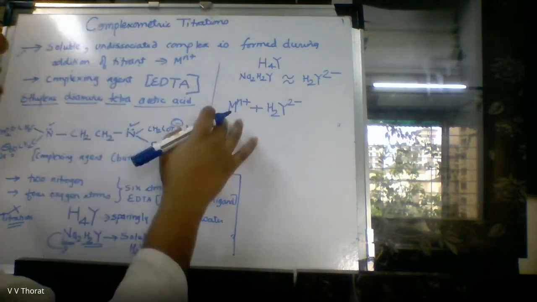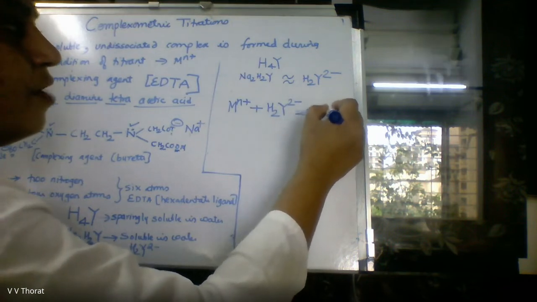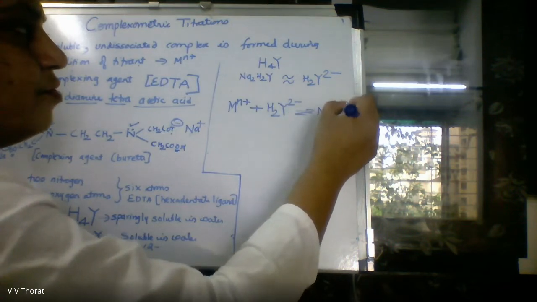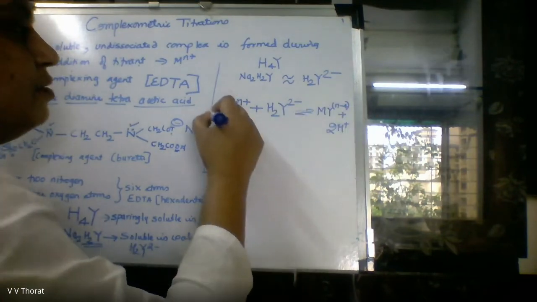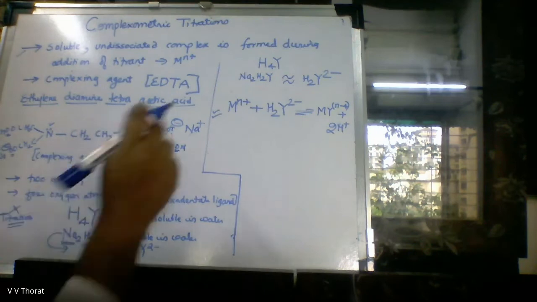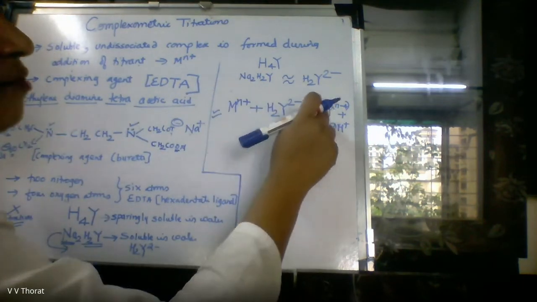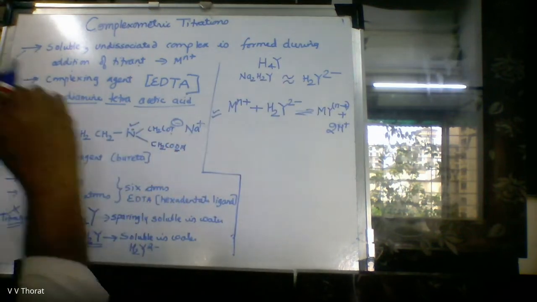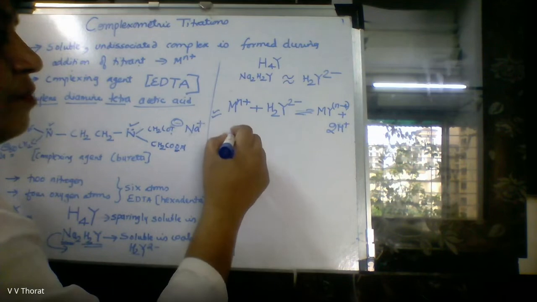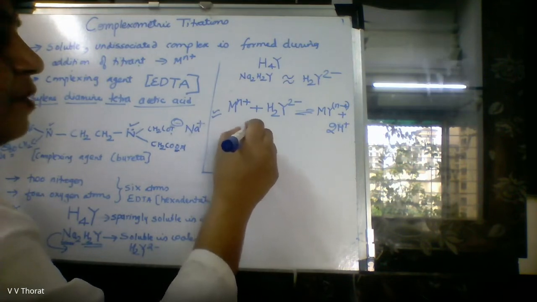Okay. So I will write this, and equilibrium will be reached, and MYn minus 4 plus 2H plus. Please write this reaction. Metal ion will react with EDTA to form MYn minus 4 plus 2H plus. So suppose I am having a univalent metal ion M plus 1.